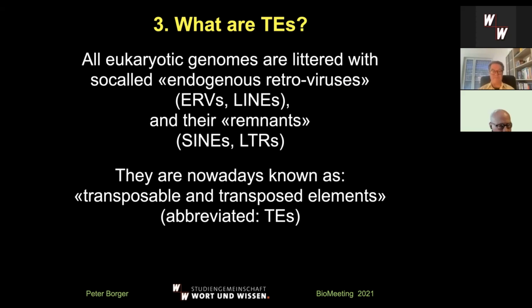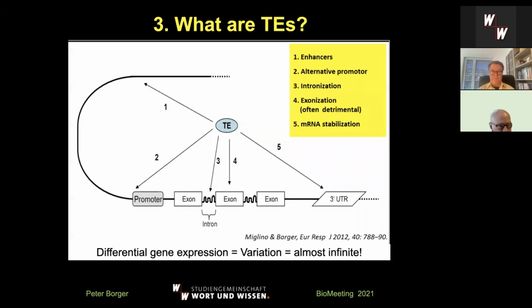So in fact, our genome is a switch box with genes that are controlled by thousands and thousands of these elements. And of course, you can generate a lot of variation when you vary the elements that are involved in these processes. Okay, as said, nowadays they are known as transposable and transposed elements, abbreviated TE.